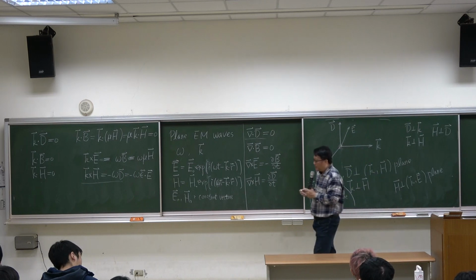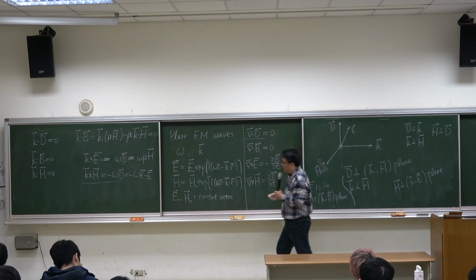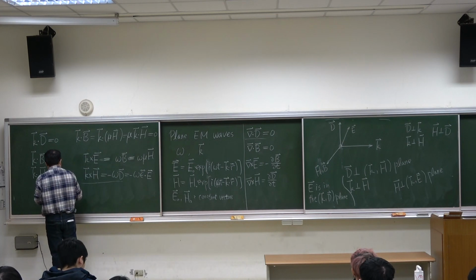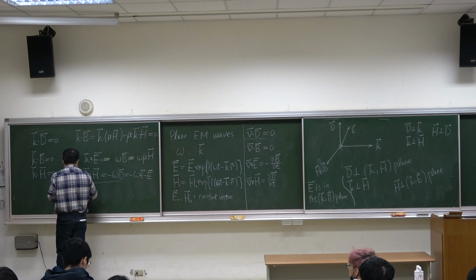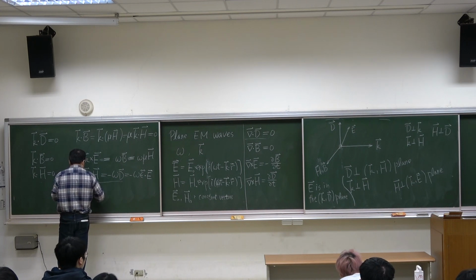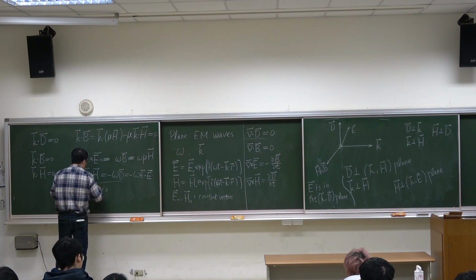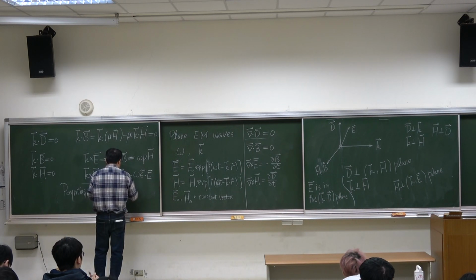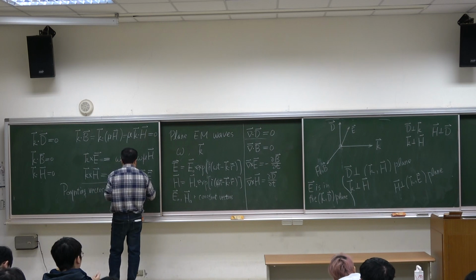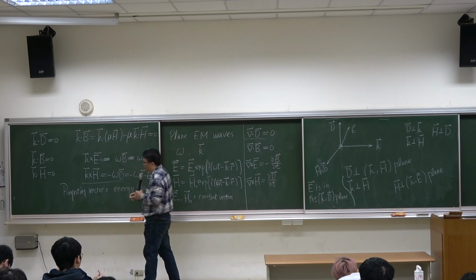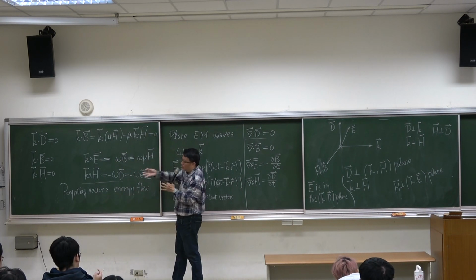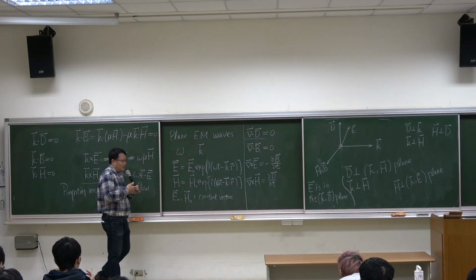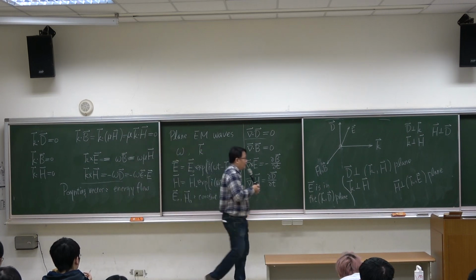And you have learned that in chapter 1, we have a quantity called Poynting vector. Poynting vector is nothing but the energy flow. Poynting vector 其实就代表能量的流动嘛，能量流动。So energy propagates along the direction of Poynting vector.